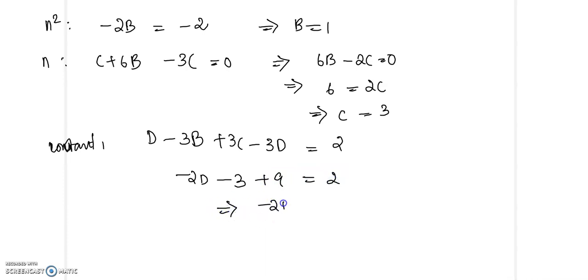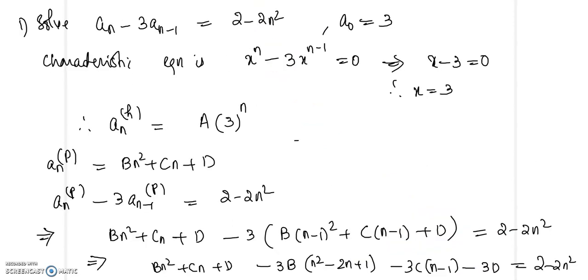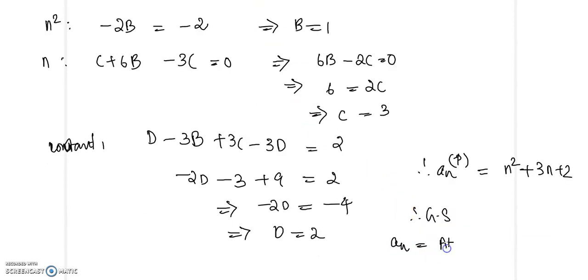So we get minus 2d plus 6 equal to 2, so that implies d is equal to 2. Therefore a_n^(p) will be n squared plus 3n plus 2. So the general solution will be a_n equal to a times 3 raised to n plus n squared plus 3n plus 2.